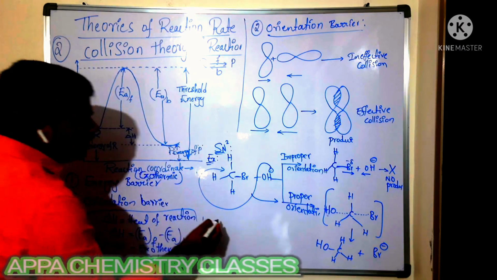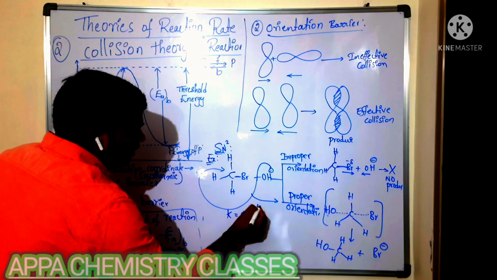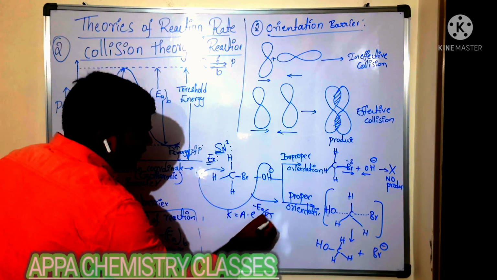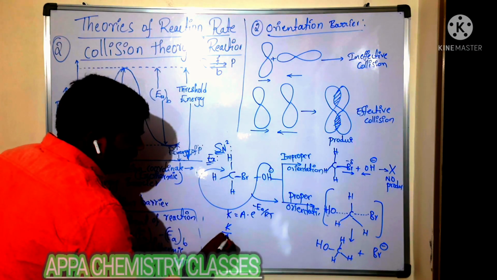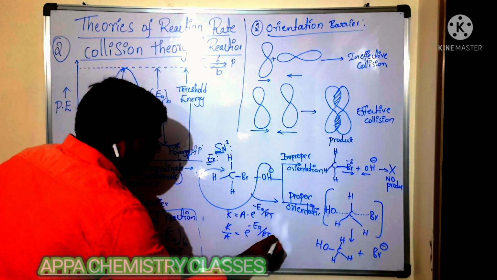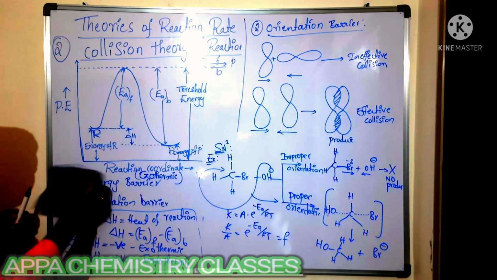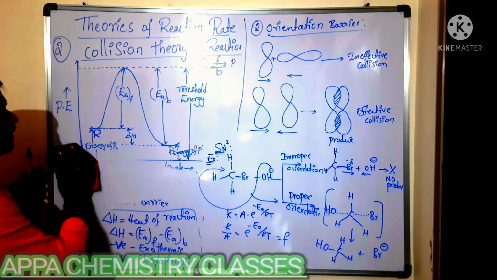That effective energy can be taken as k equals A into e power minus Ea by RT, so k by A is e power minus Ea by RT. It is also taken as f.